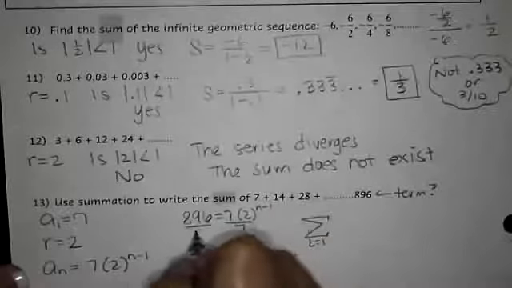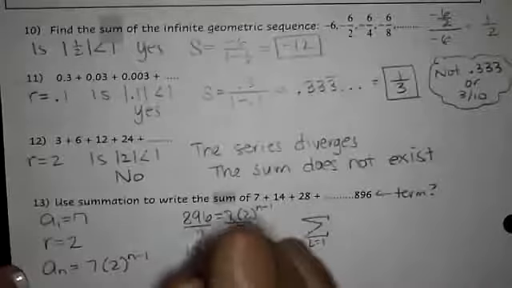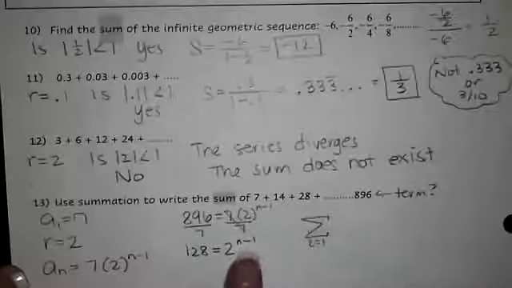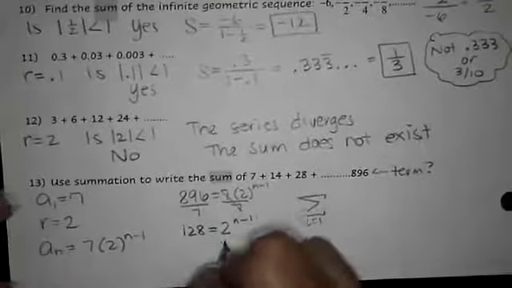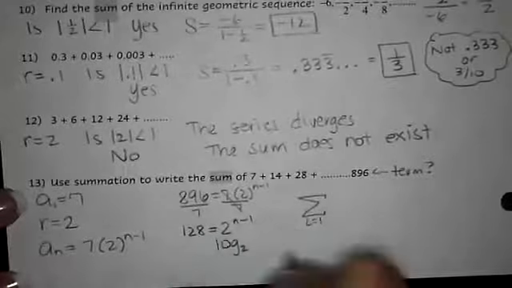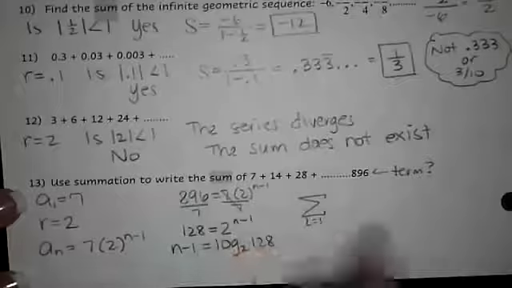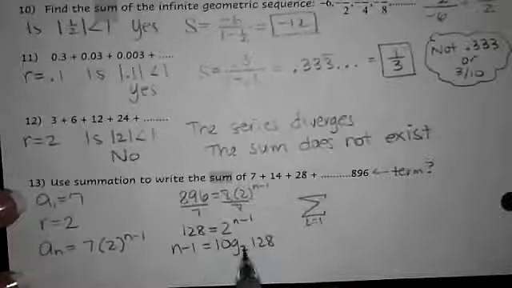And you can do that because we just did this in the last unit, solving exponentials. We divide by 7. I need to free this n minus 1 out of the exponent. So I'm going to take the log, and I get log base 2 of 128 is equal to n minus 1. The base on the exponential and the base on the log switch.